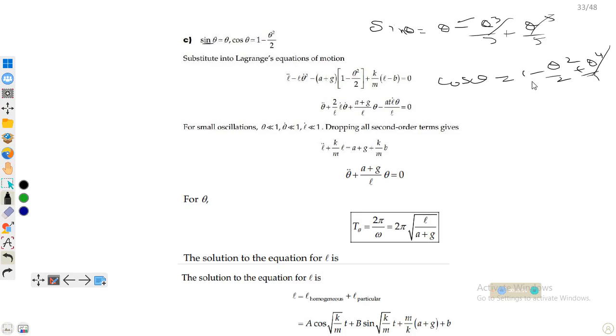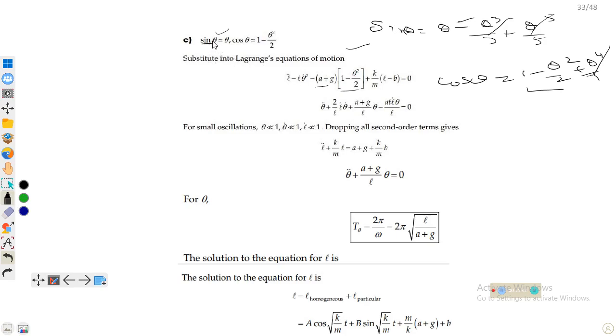So we'll pick the first terms: sine theta is equal to theta and cos theta is 1 minus theta square over 2. Substituting into the Lagrange equation of motion, by putting the values of these terms, that will give us these changes.